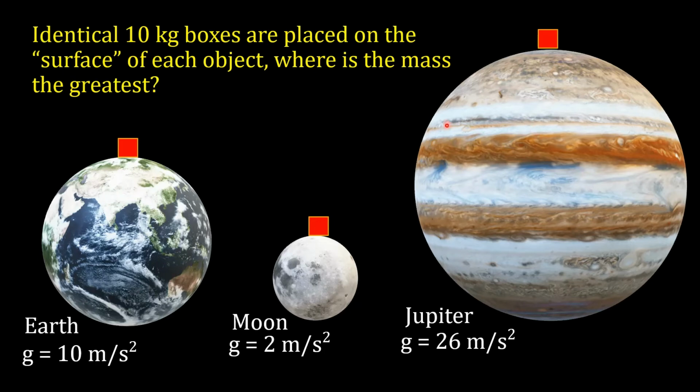It's a cloud layer, but we'll just imagine that there's something that we could put right there. And I should also mention that nothing here is to scale. This isn't how they scale in real life. So with a box at each location, the question is, where is the mass the greatest? Why don't you think about that and pick an answer.